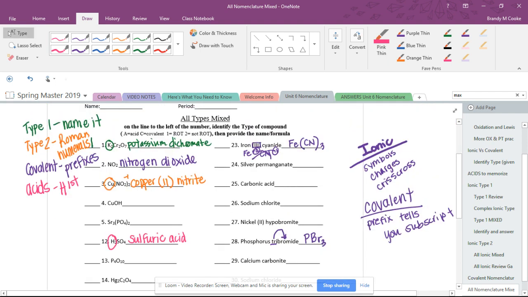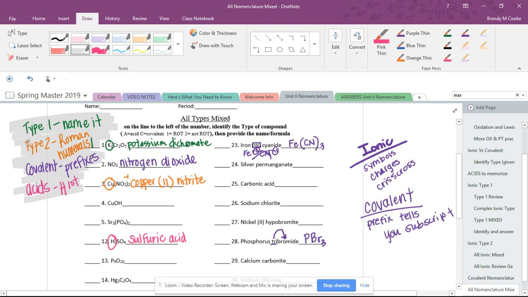So that's it. You need to take your time. You need to slow down. And I know I'm talking real fast, so it sounds like that's a ridiculous thing to suggest. But if you can do that and you can ask yourself, what type is it? Every single time you get to a question, sure, it's going to take longer, but you're going to get them right.